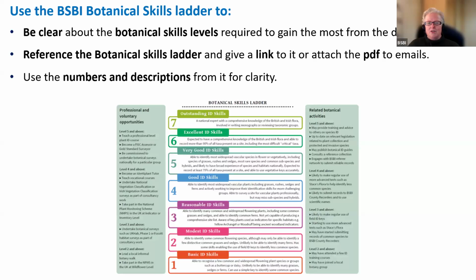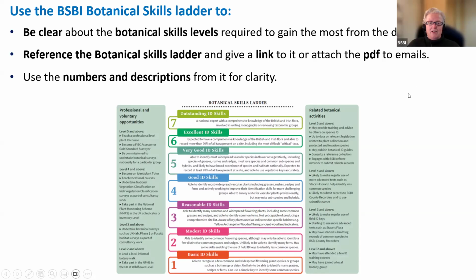In putting together your details for your event, be clear about what botanical skills you think are required to make the most of the day. Reference the botanical skills ladder and either give a link to it in an email or attach a PDF to the email that you send out to your participants.